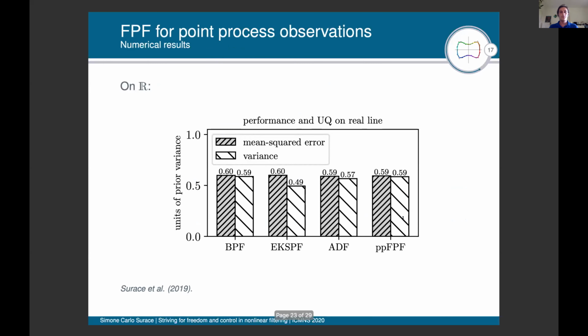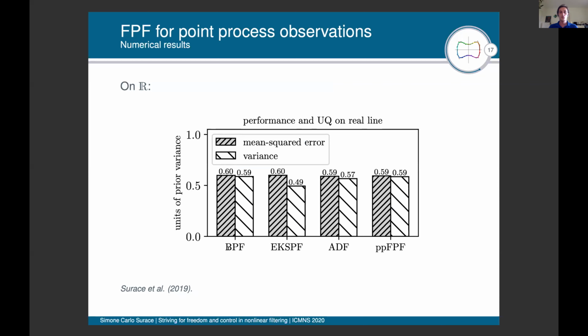Yes, so we also ran a bunch of simulations in order to show that this algorithm does what we hoped it would do. So here we are comparing on R, on a very simple 1D example, that essentially the performance is the same across all 4 of the algorithms that we looked at.